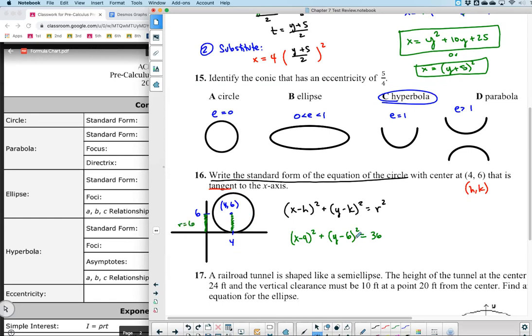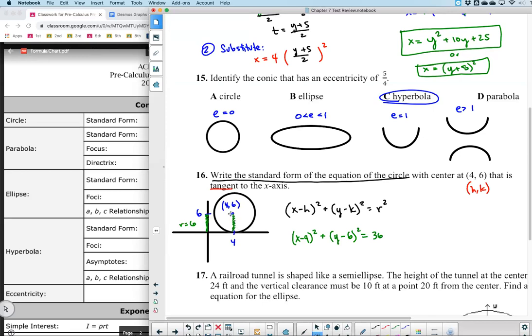Okay, I'm going to correct my picture. If the radius is 6, then the y-axis would need to be like a secant line here, like that. There you go, because that's only 4 units away. So a circle would extend beyond it. So there's a better drawing of the picture.